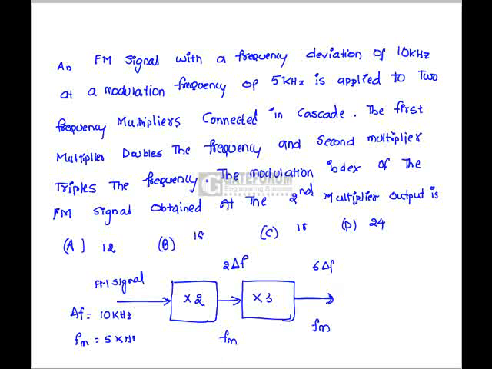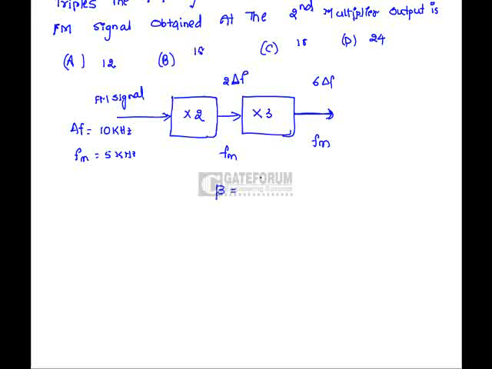We know that in case of FM, modulation index beta equals frequency deviation divided by modulation frequency. Here the frequency deviation is 6 delta F, it means 6 into 10 kHz, divided by 5 kHz, that is nothing but 12. Hence option A is correct.